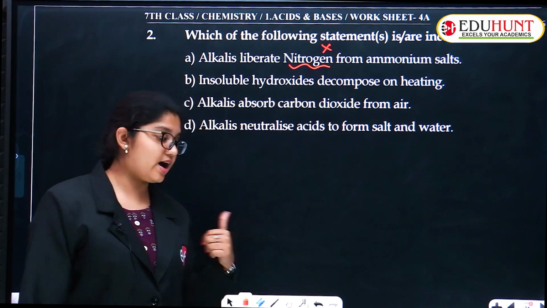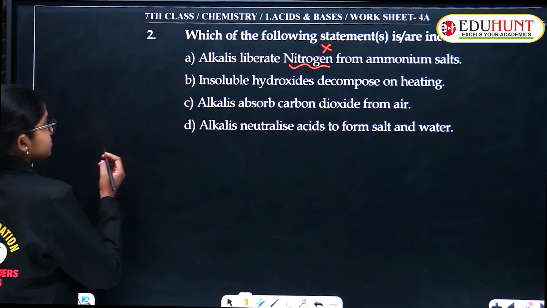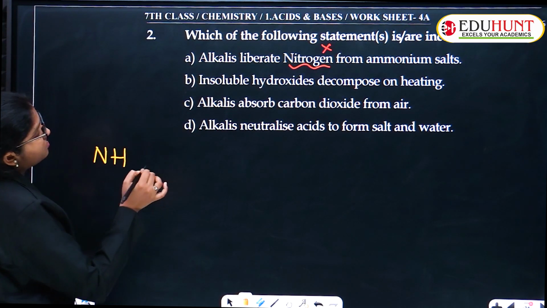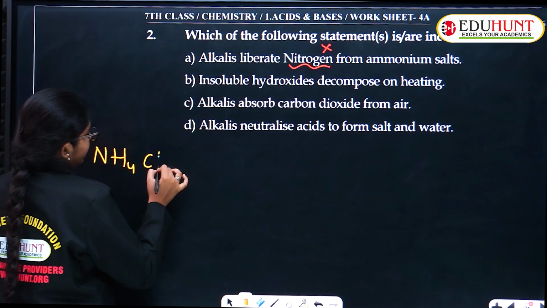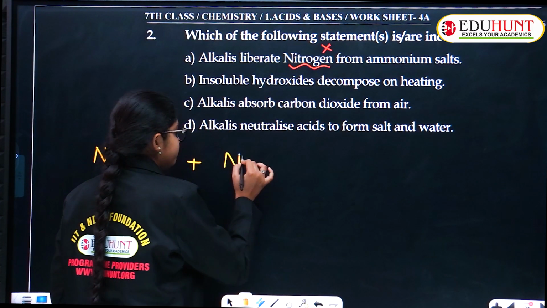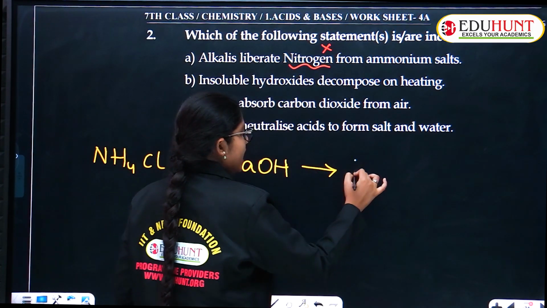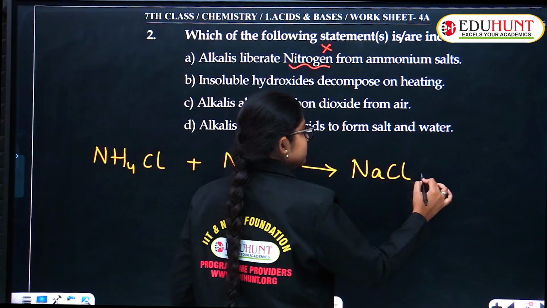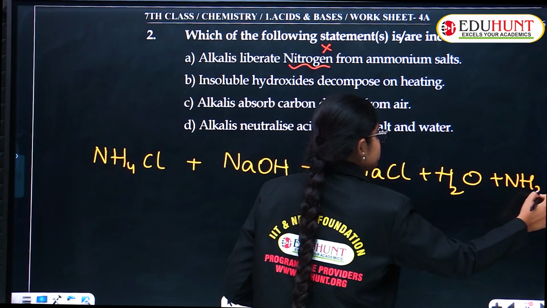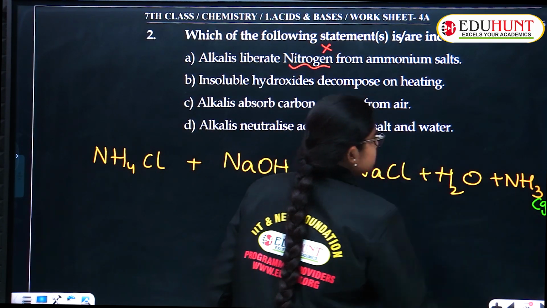When we take ammonium salts and add any base or alkali to it, what do we get, children? We get metal salt plus water plus which gas? Ammonia gas, yes, NH3.